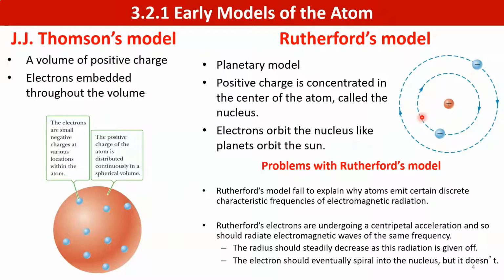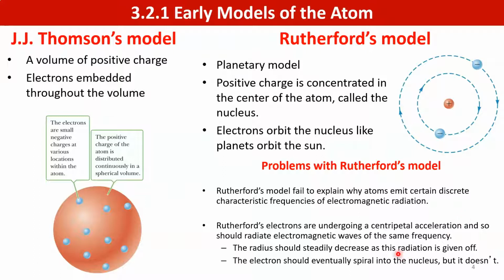But there are problems with Rutherford's model. First, it failed to explain why atoms emit certain discrete characteristic frequencies of electromagnetic radiation. Second, Rutherford's electrons are undergoing a centripetal acceleration, and so should emit a radial electromagnetic wave of the same frequency.